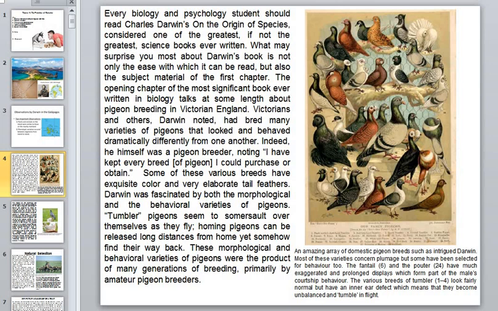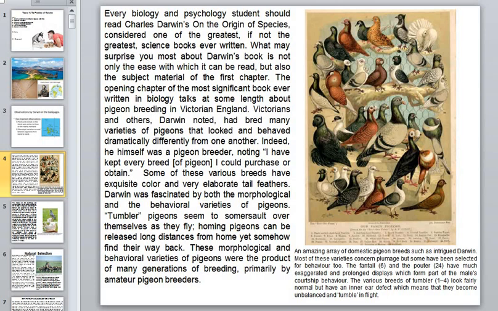I have kept every breed of pigeons I could perhaps obtain, and some of these various breeds have different color and are very different in behavior, and have very beautiful tails.